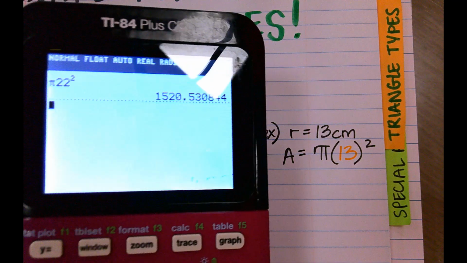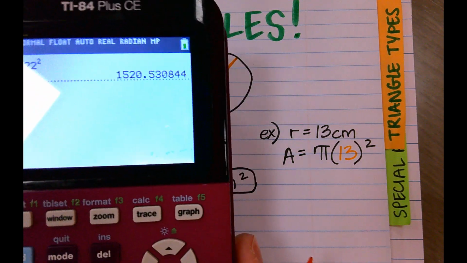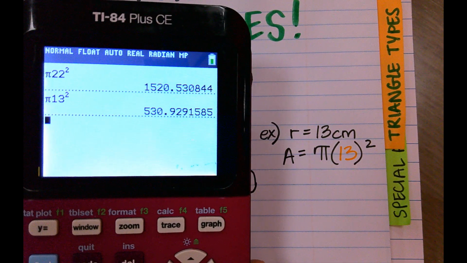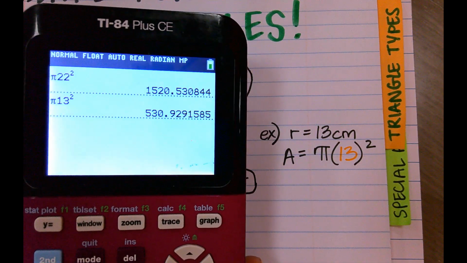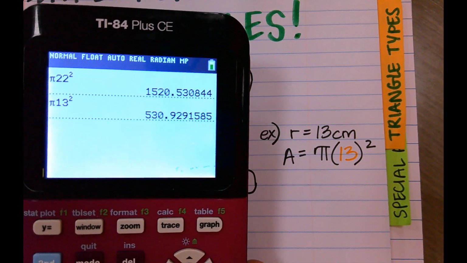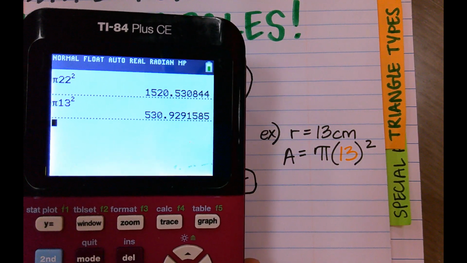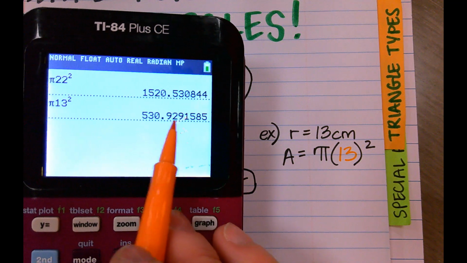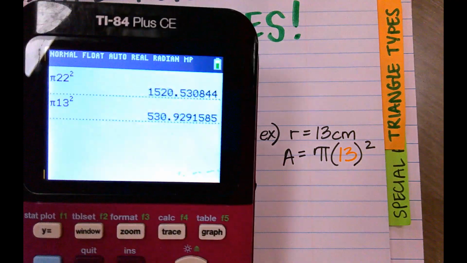And we'll type it in the same way. Okay, so pi 13 squared. Yes, I got 530.9291585. You could keep that as 92. You could round up to 93. I think I'm going to round up because of that 9 after my 2. So I'll do 530.93.